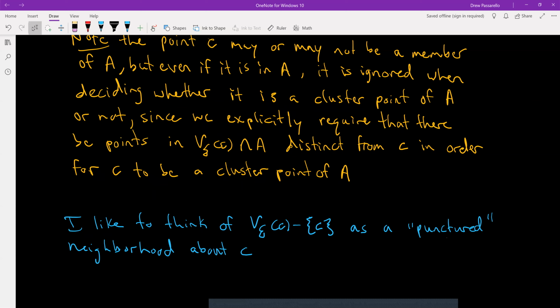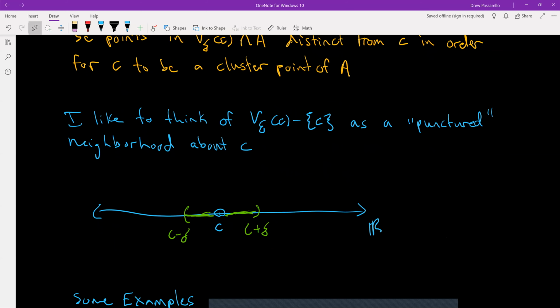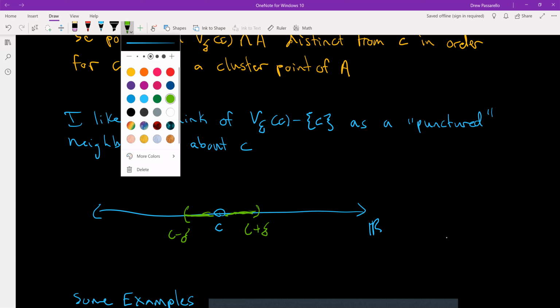And like I mentioned earlier, I like to think of this where it has the delta neighborhood around c and it has a subtraction sign. It's really just subtract out the point c from the delta neighborhood around c. I like to call that the punctured neighborhood about c. So here's a picture, and we have our punctured neighborhood in green.